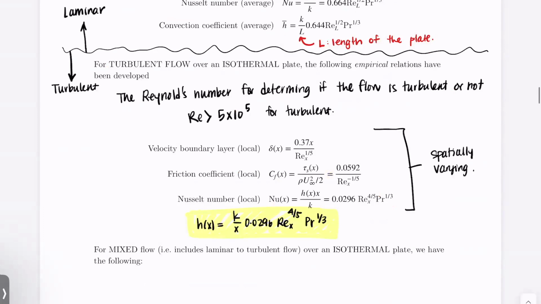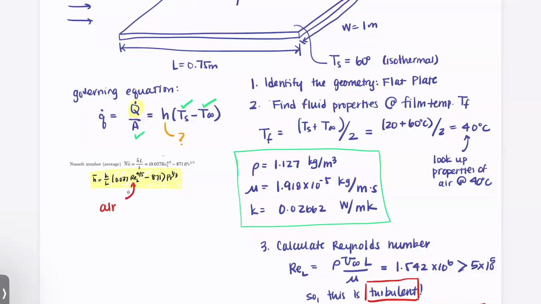Okay, so now we have Reynolds number and we have Prandtl number, so we can go back here and solve for h bar. So k is 0.02662. The length was given to us as 0.75 meters.